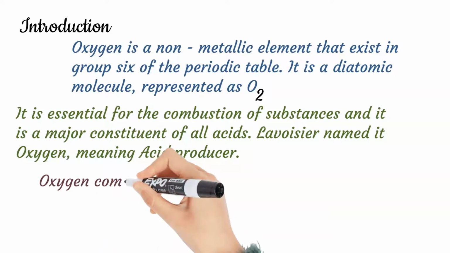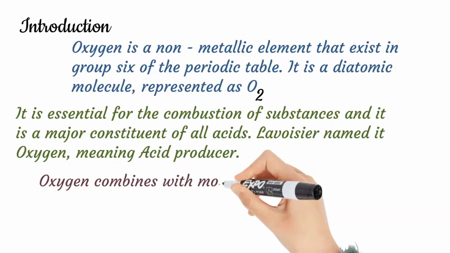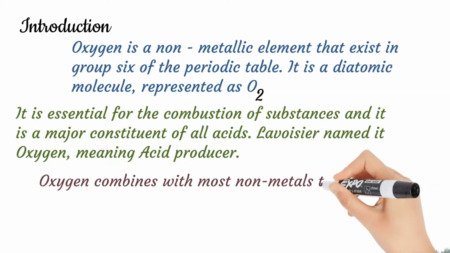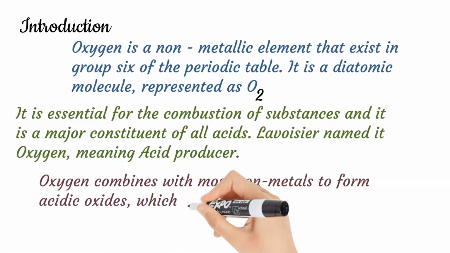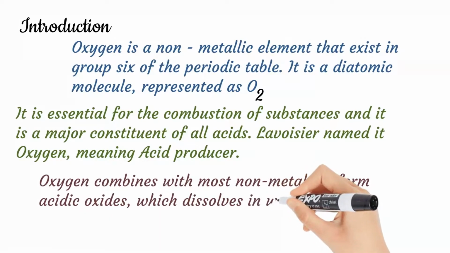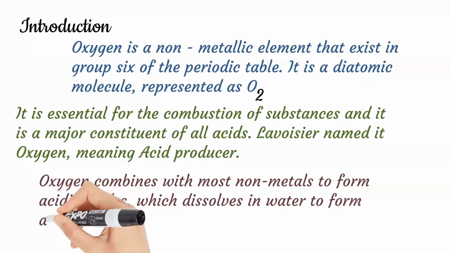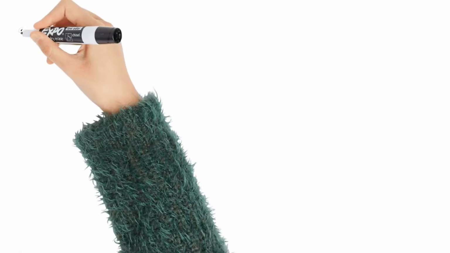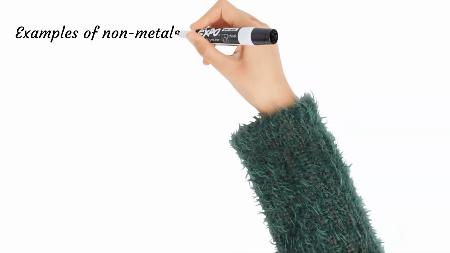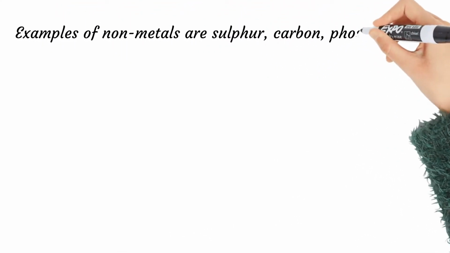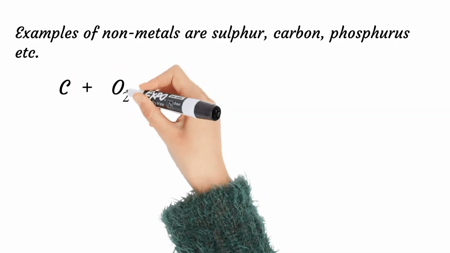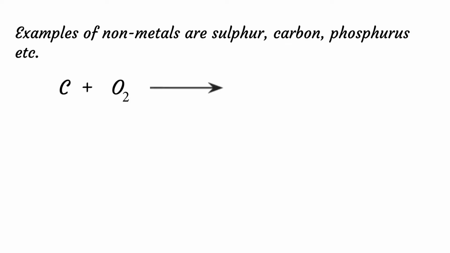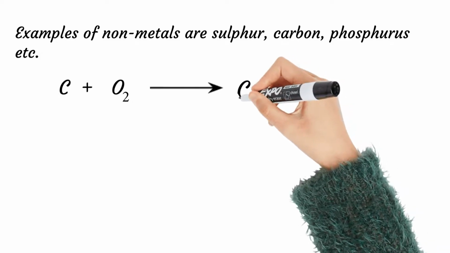Oxygen combines with most nonmetals to form acidic oxides, which dissolve in water to form an acid. Examples of nonmetals are sulfur, carbon, phosphorus, etc. Any of them can react with oxygen, like carbon plus oxygen produces carbon 4 oxide, CO2.